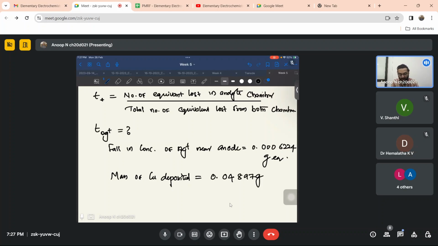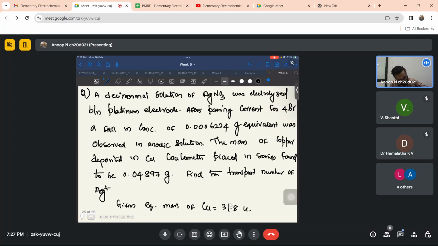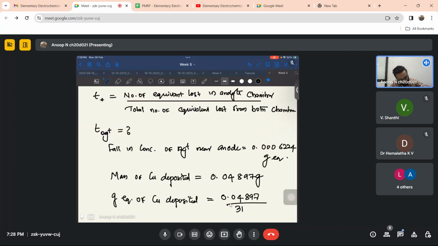Gram equivalent of Cu deposited will be 0.04897 divided by 31.8, the value given.